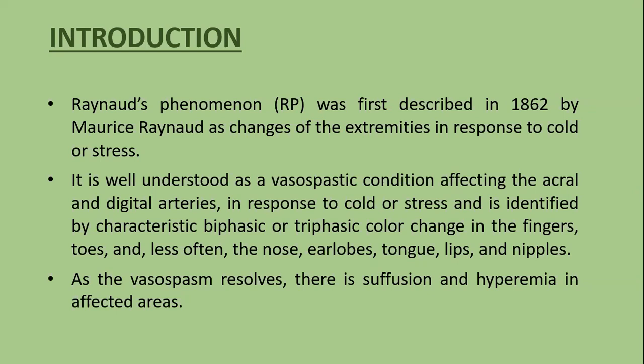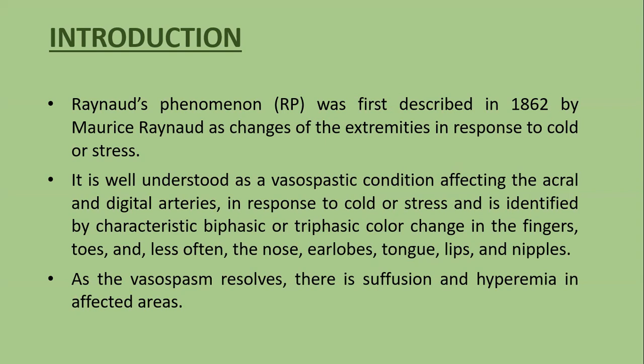So this paragraph contains many useful pieces of information. The first is that it is a vasospastic condition, a condition resulting in vasoconstriction of the peripheral blood vessels, and it affects those areas which have end vessels like toes, fingers, nose tip, earlobes.